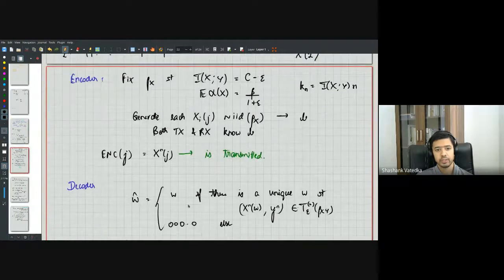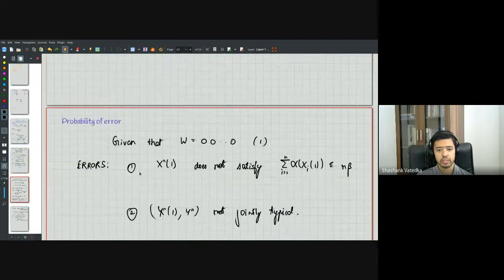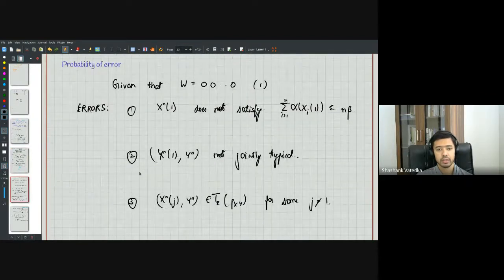We saw that there are three possible error events. One is that the cost constraint is not satisfied. The second is that the received sequence is not jointly typical with respect to the transmitted code word. And the third event is that the received sequence is jointly typical with respect to some other code word.